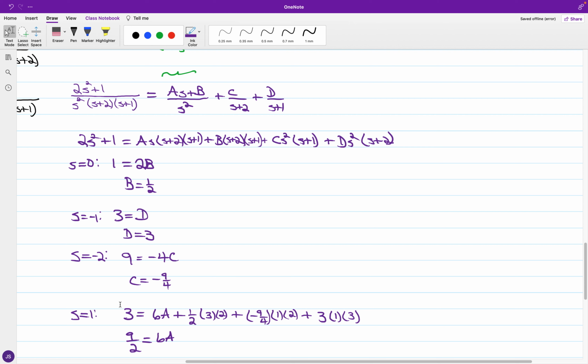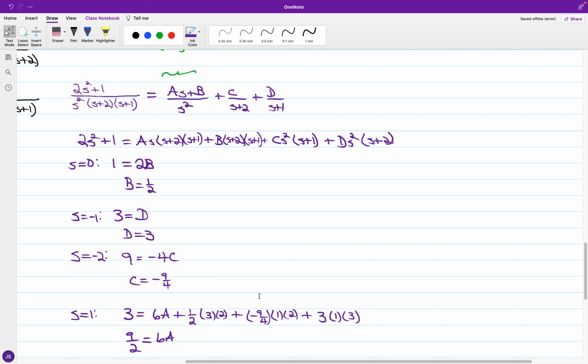Now, I've used up the zeros, and I have to solve for a, and I just picked an arbitrary value, and my recommendation is whatever you choose, you want to keep the absolute value as low as possible. Okay, and I just chose the number 1. And so we have for 2 times the square of 1 plus 1, that is 3, and you got 1 times 3 times 2, a, so you have 6a, and for b, I have 1/2 times 3 times 2.